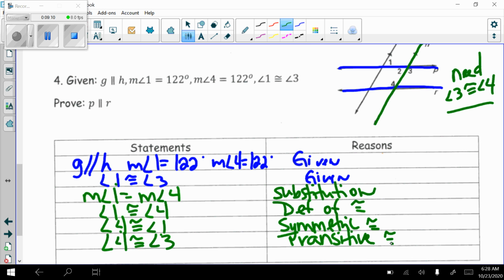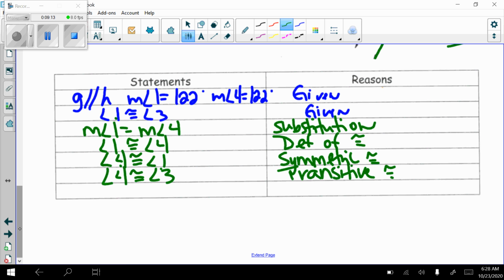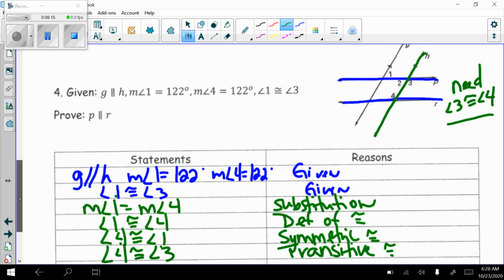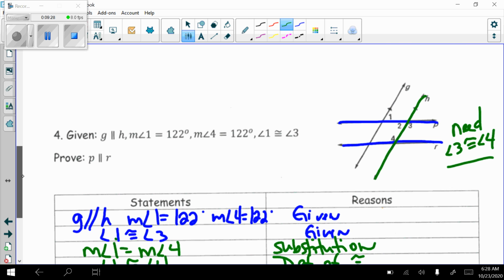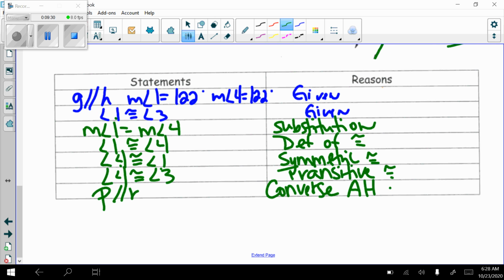Now that I have angle 4 congruent to angle 3, I can say that P is parallel to R by the converse of the alternate interior angle theorem.